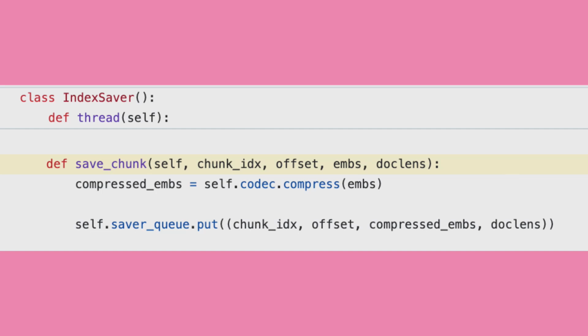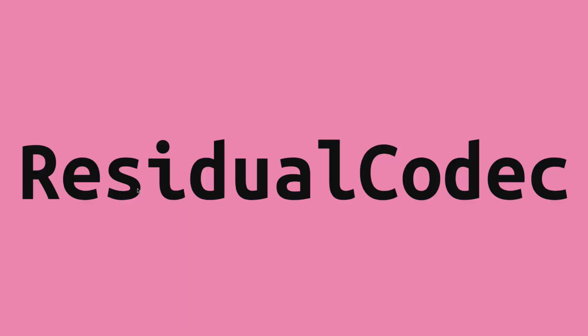So that takes us to the index saver. And inside index saver, here's save chunk. And here's the main star of the show, codec.compress. It takes in the embeddings and it returns back the compressed embeddings. And the compressed embeddings, which we'll see in a second, are compressed inside residual codec.